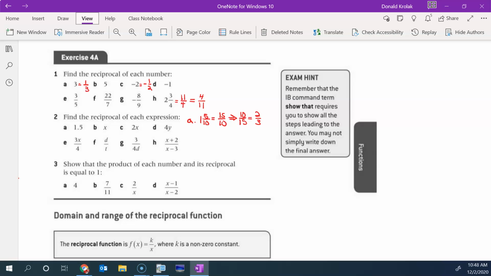All right, if I wanted the reciprocal of x, 1/x. The reciprocal of 2x, 1/2x.